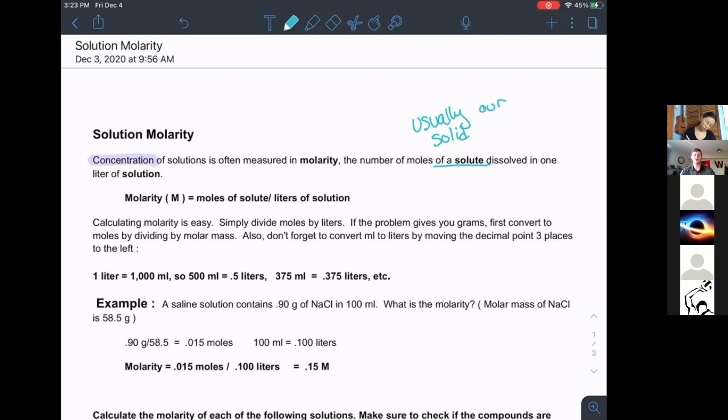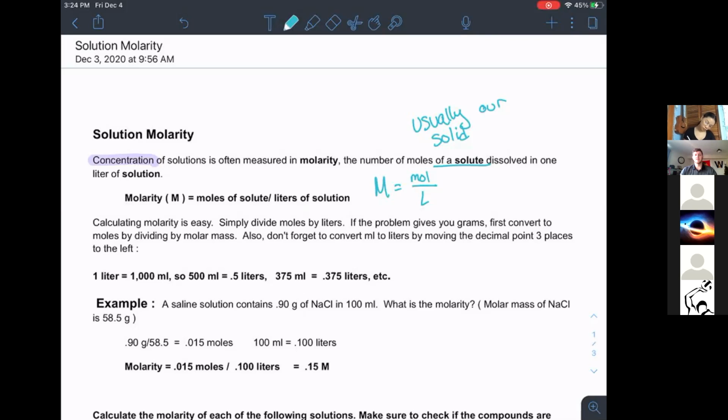So it's moles per liter. Molarity equals moles of solute divided by liters of solution.